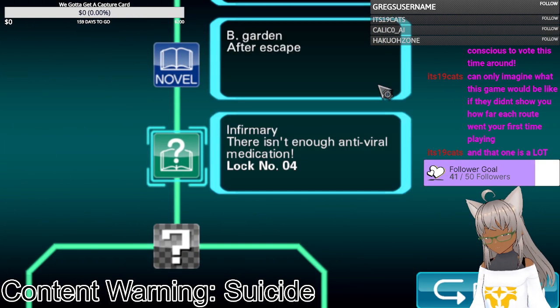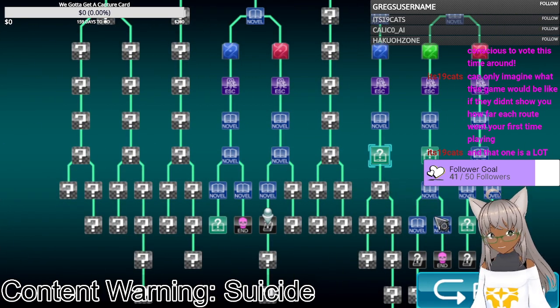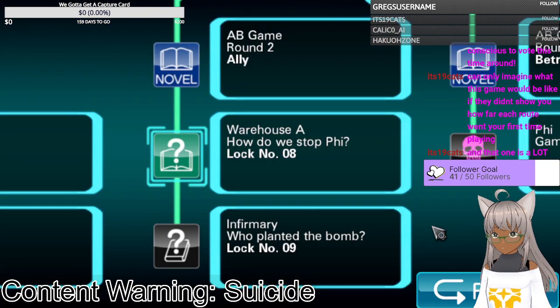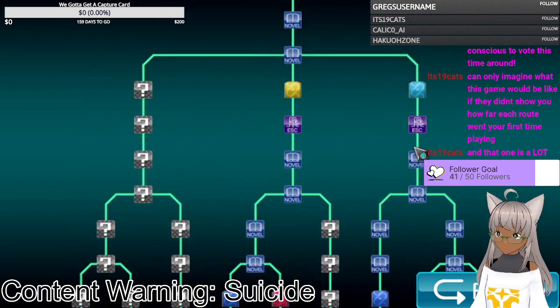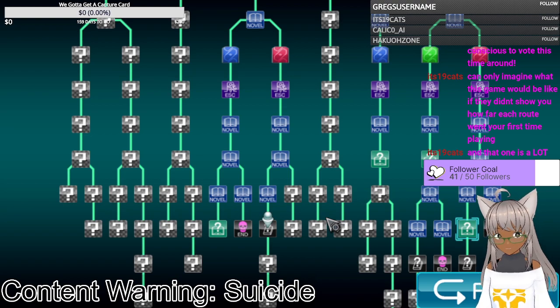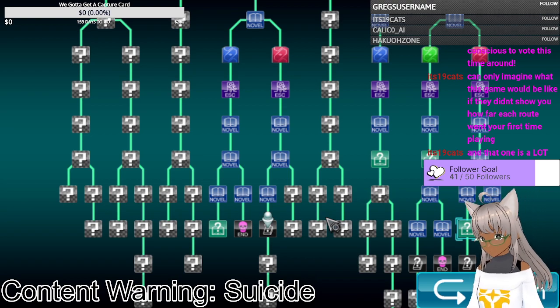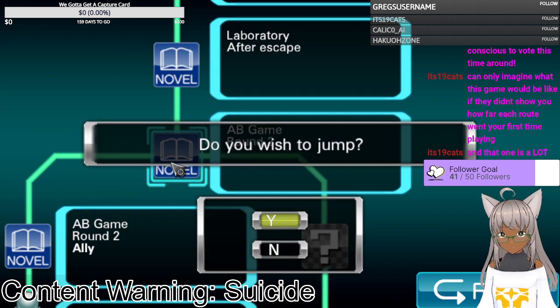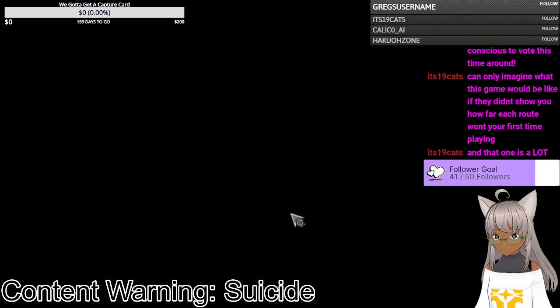Third of all, we know where to find more medicine for Alice and Quark. So those are 3 very appealing options. I think we're going to start by betraying Dio.